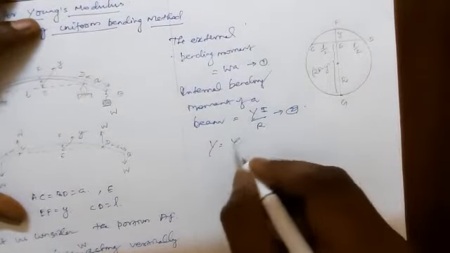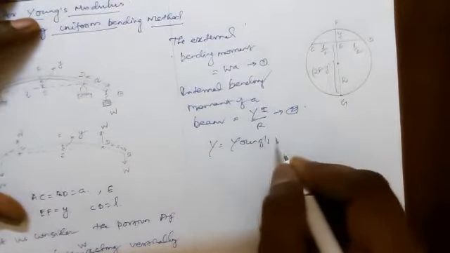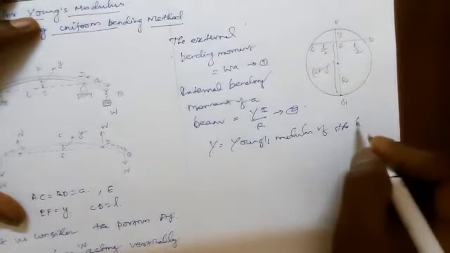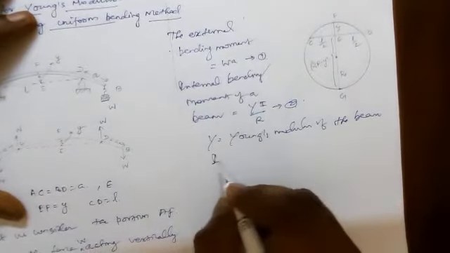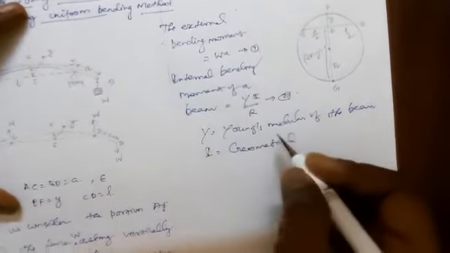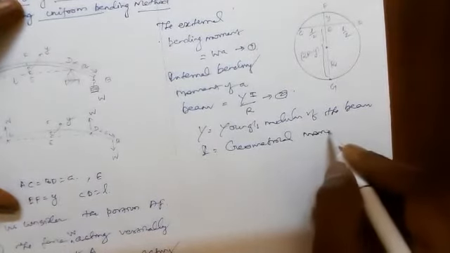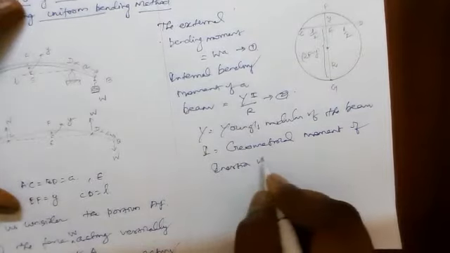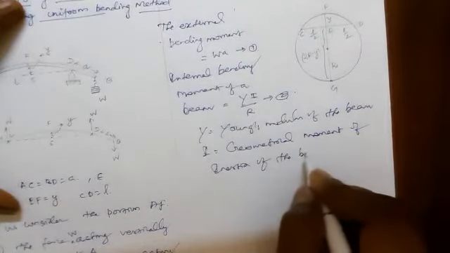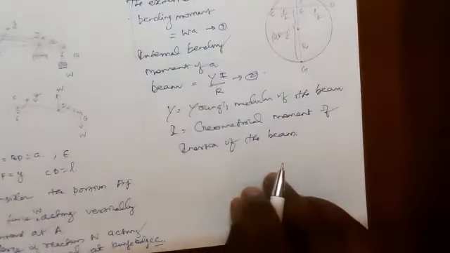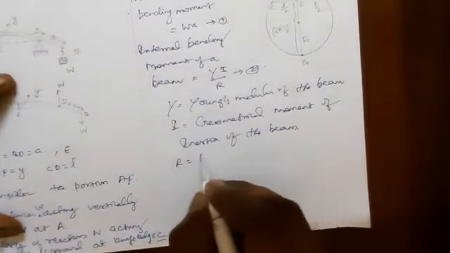Y is equal to Young's modulus of the beam, I is equal to the geometrical moment of inertia of the beam, and R is the radius of curvature.